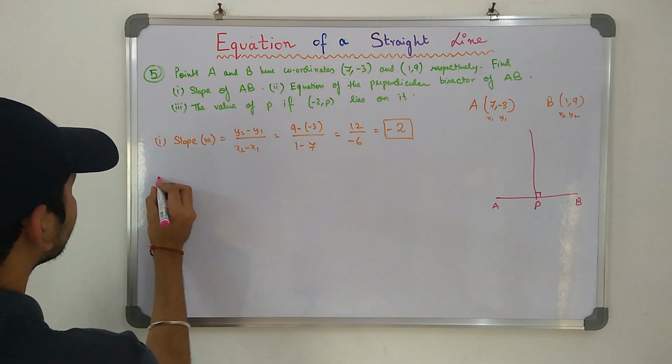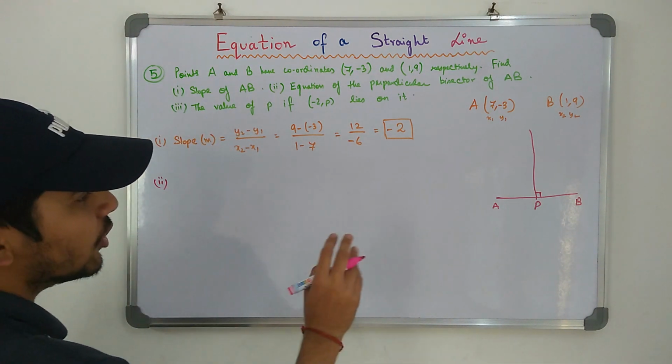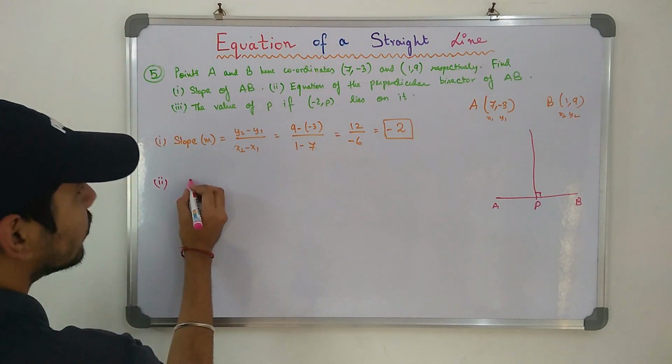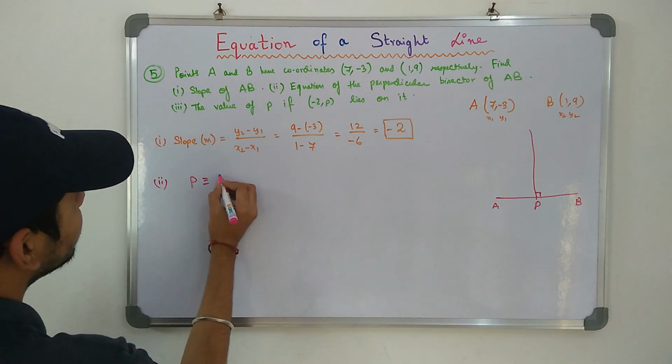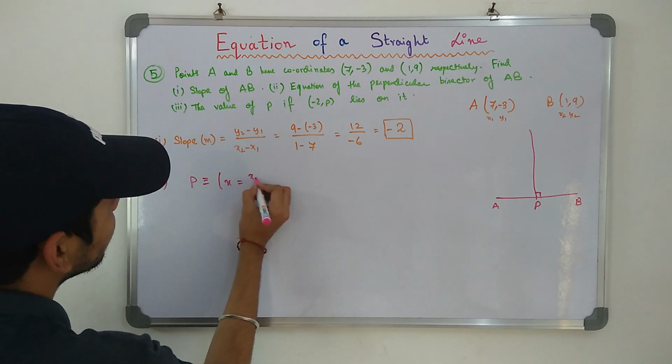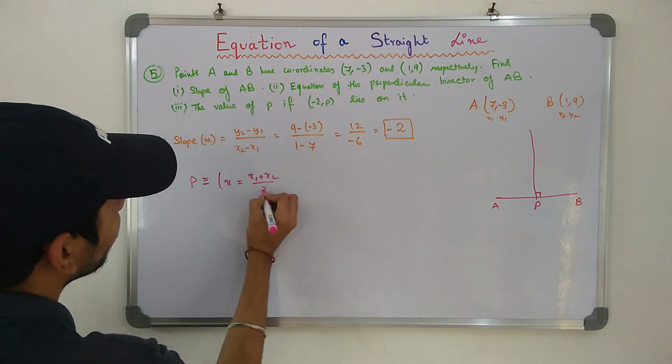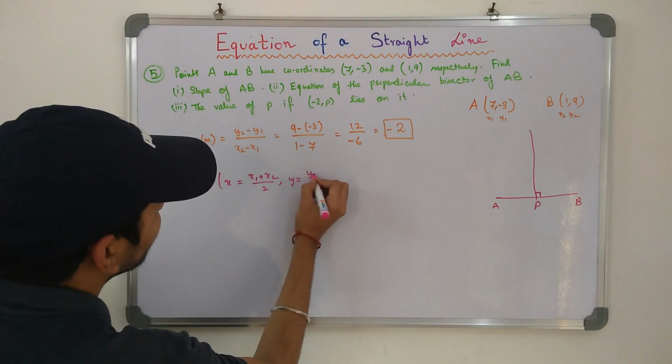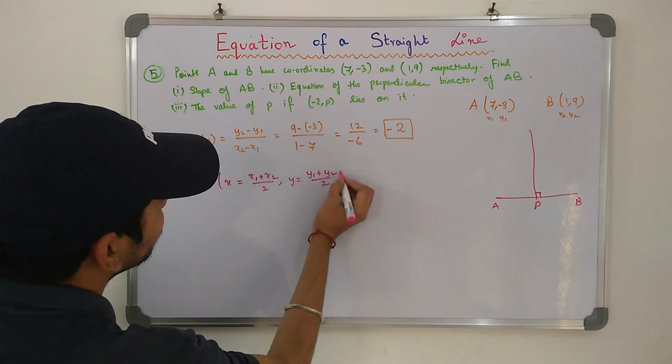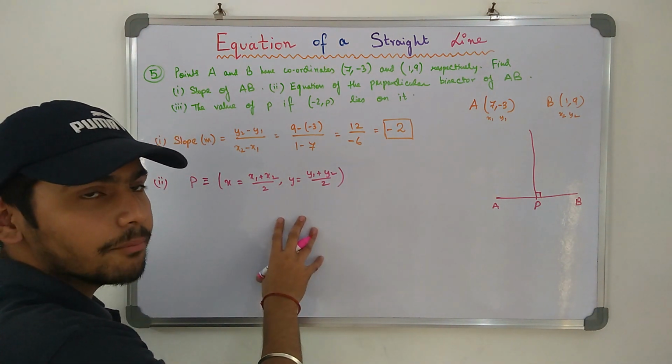Let's do it. Let the midpoint of AB be P. Therefore P will be x is equal to (x1 plus x2) by 2 and y is equal to (y1 plus y2) by 2. We know this from the section formula.